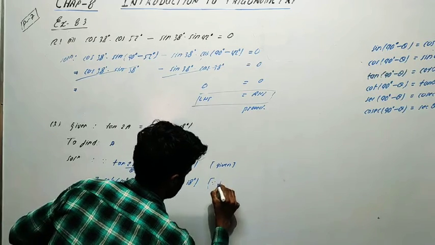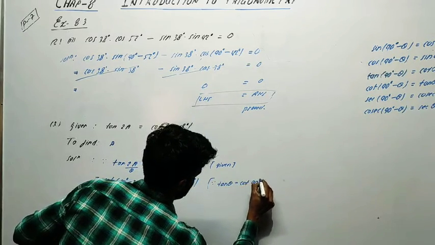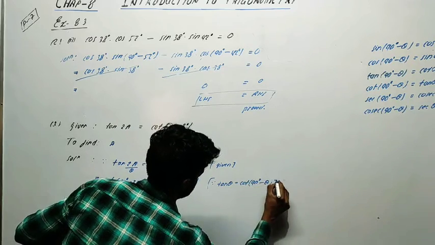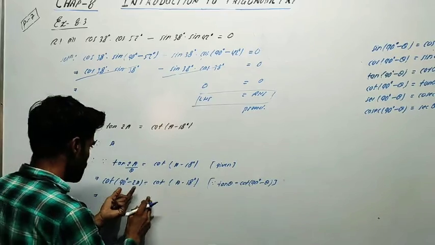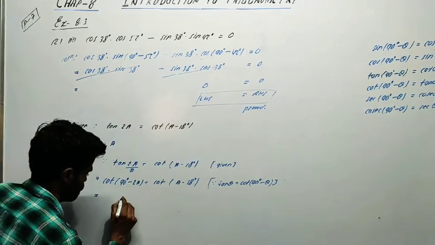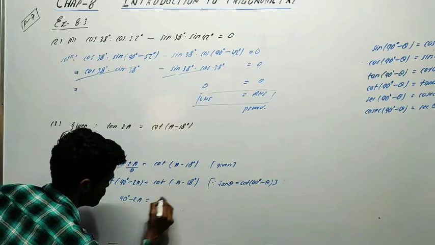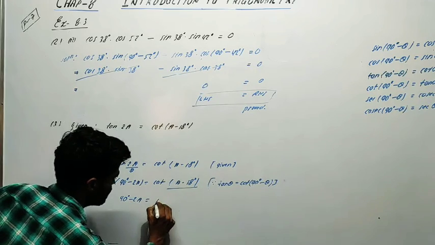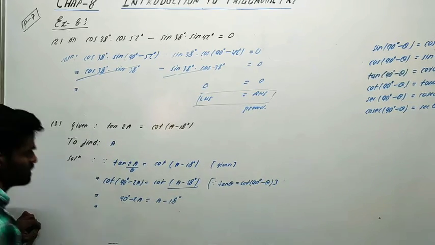Now we will compare only angle value, don't cancel out cot from cot. So in LHS we have angle value 90 degree minus 2a, and in RHS we have the angle value a minus 18 degree. Now balance the equation and we will find out the value of a.